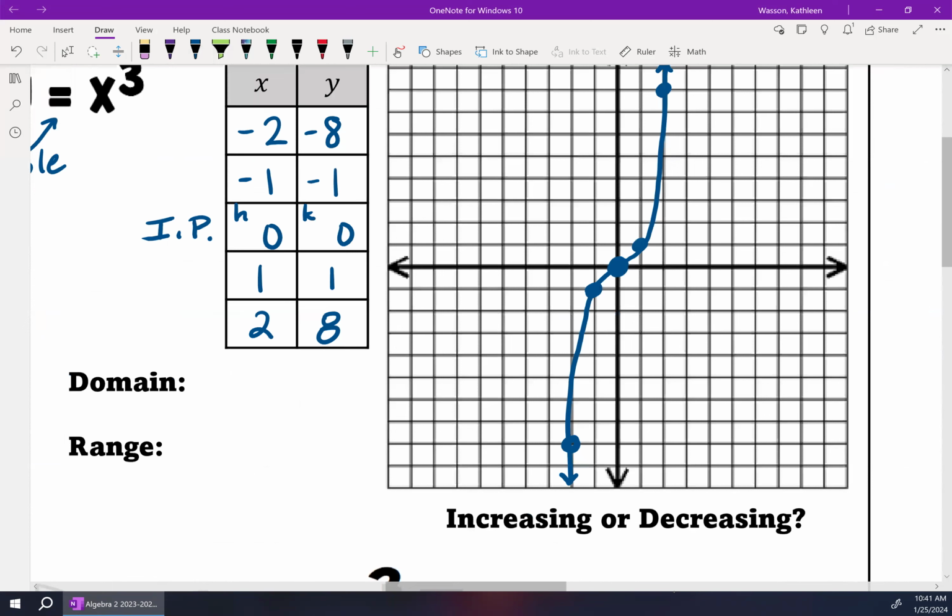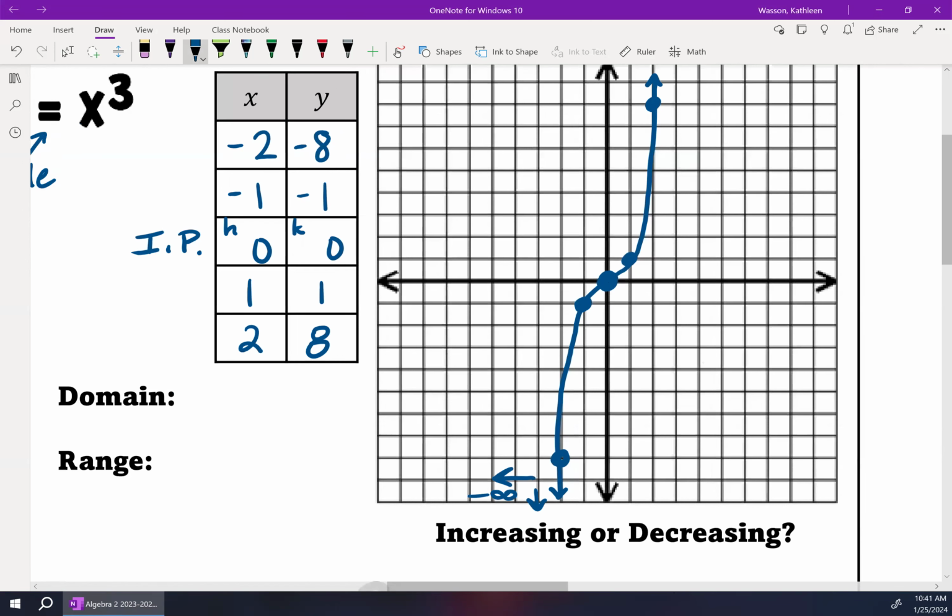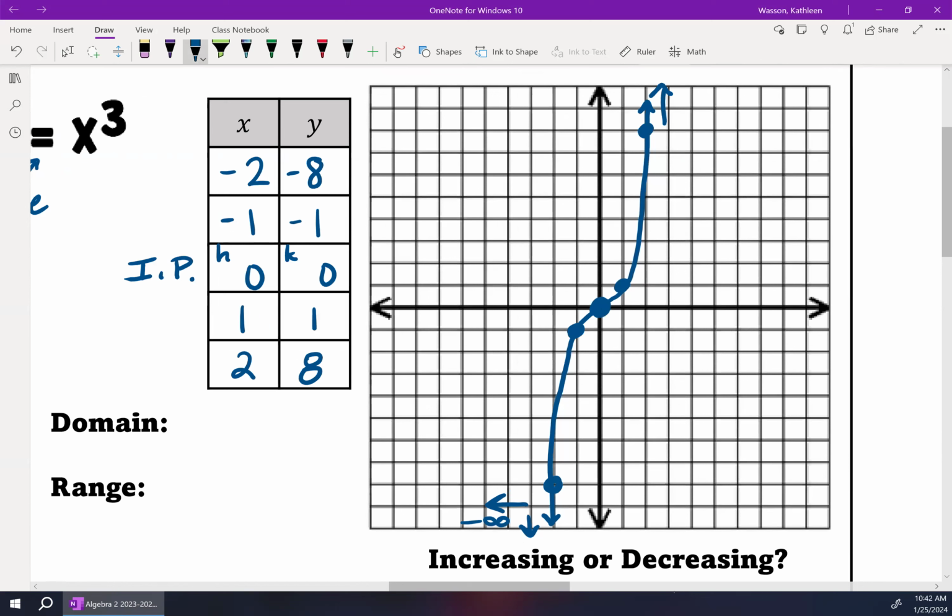The domain for this graph, because it continues down and left to negative infinity, and up and right to positive infinity, the domain is negative infinity to infinity, as is the range. And this will be true regardless of transformations, reflections, shape changes, moving the inflection point.